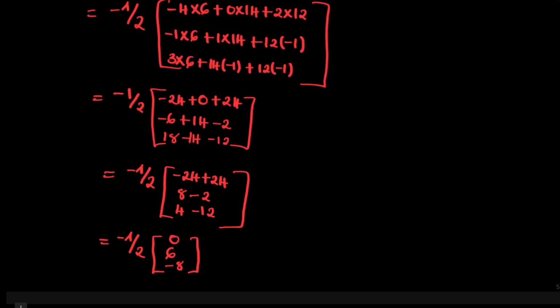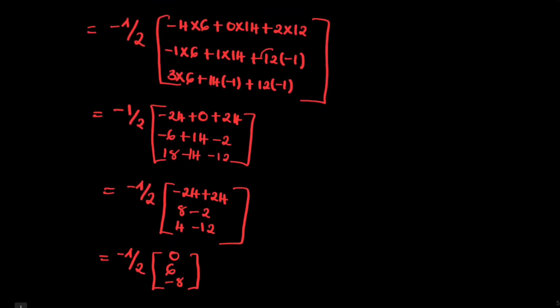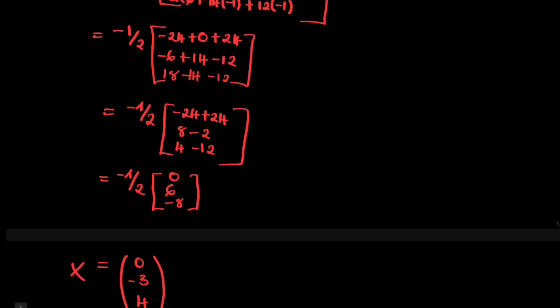Okay, there's a mistake here. Here was 12, so this is supposed to be 12. Let me just cancel it. So this is minus 12. So this is 8 minus 12, and this is minus 4.